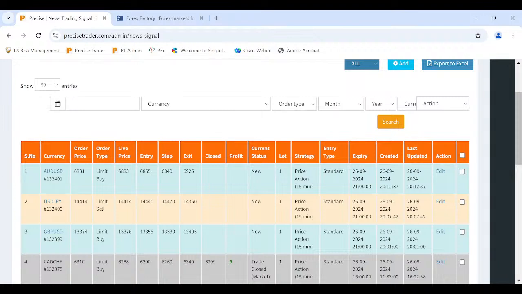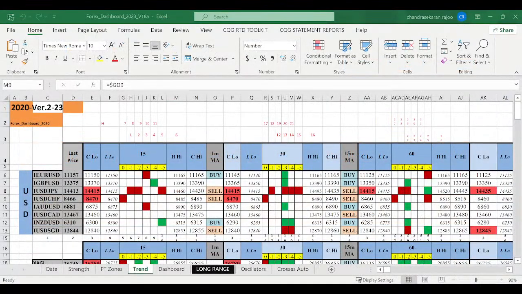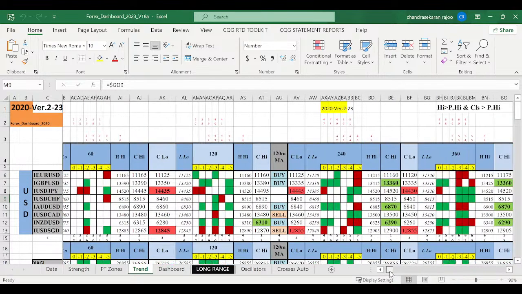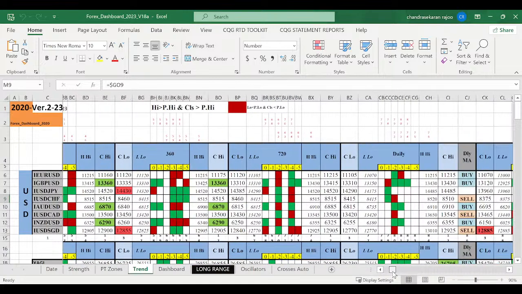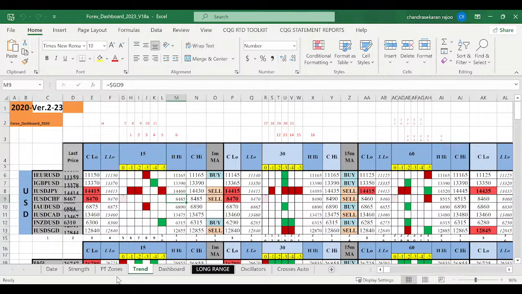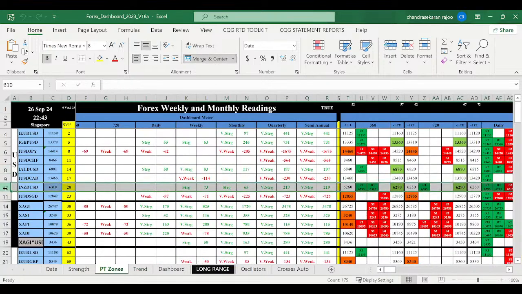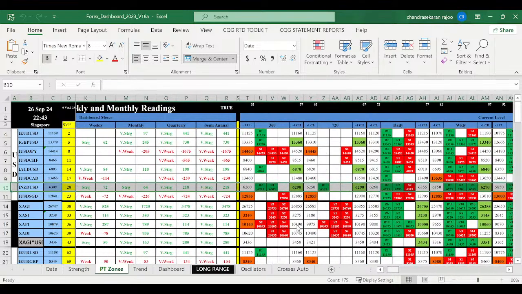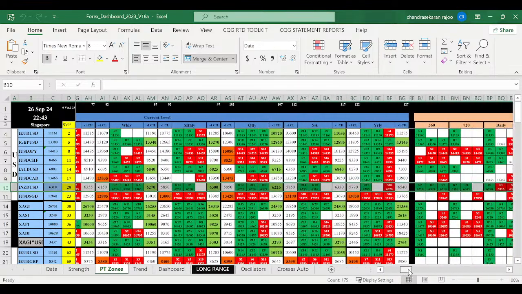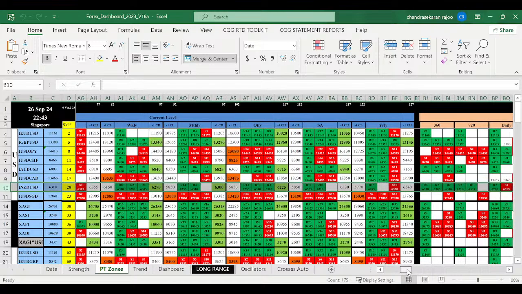The next trade is New Zealand dollar. We go back to the screen. Let's see the strength. This 360 is up, 720 is up, daily is flat. So now when we look into the New Zealand dollar, we have no weakness seen on the 360, and on daily there is one force that is a weakness, but two forces are a buy, and if it breaks, then we may see the price moving higher, and previous 360 is all showing strong buy.